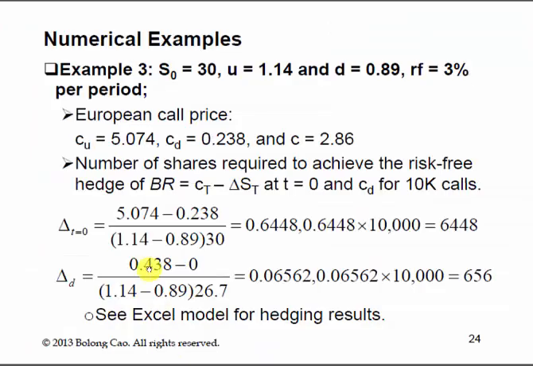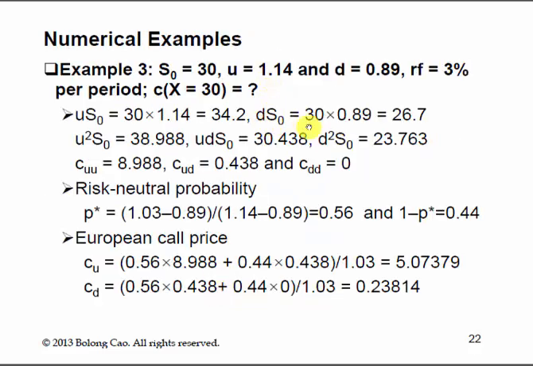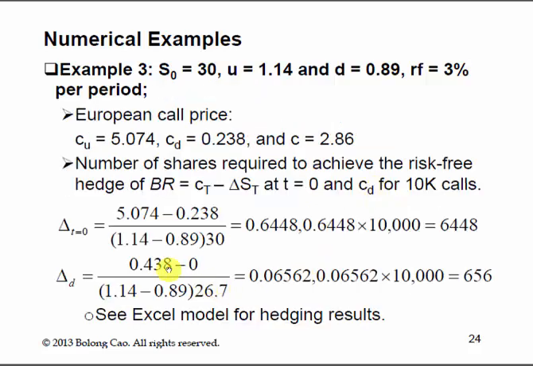So in the numerator is 0.2388 minus 0, and in the denominator, it's still this difference between the two up and down proportions, but now this price is the underlying price in the downstate after the first period, which is, let's see, $30 times 0.89, 26.7. So that's the downstate delta.